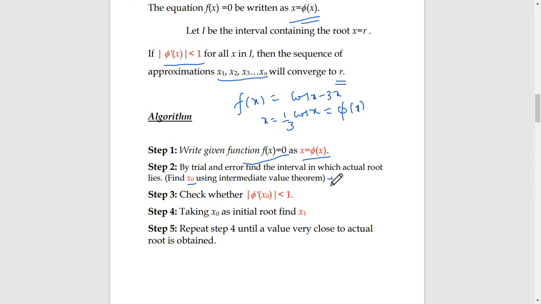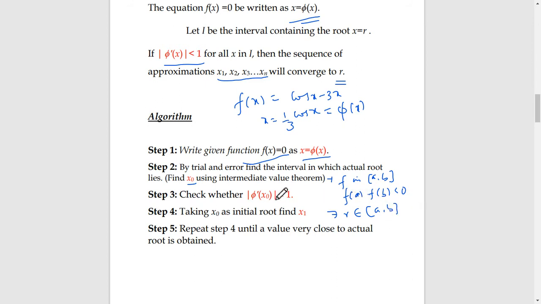What is the intermediate value theorem? Suppose f is a continuous function in the interval a comma b. If f of a into f of b is less than 0, then there exists at least one root that belongs to the closed interval a comma b.